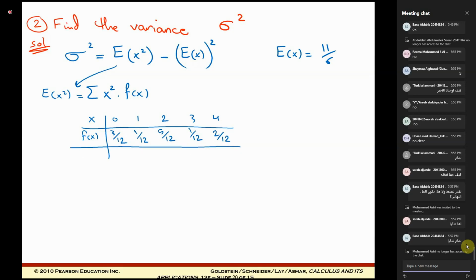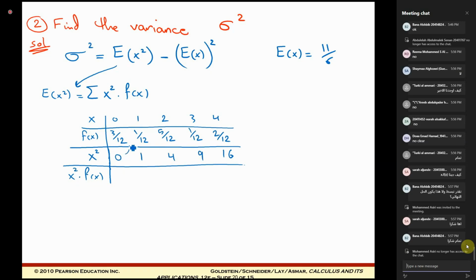Now here we do not multiply x with f of x, we must multiply x square with f of x. So first we find x square: 0, 1, 4, 9, 16.